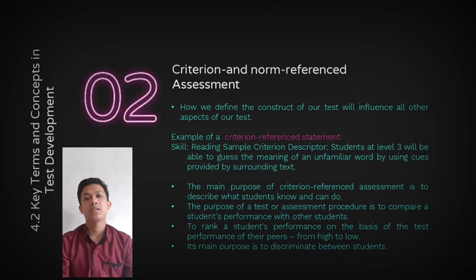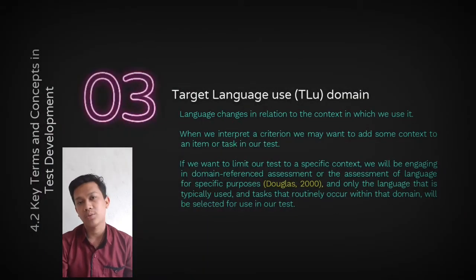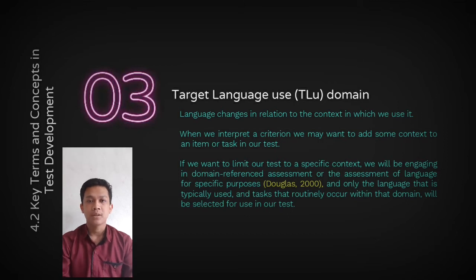Okay, moving on to the next slide, we have target language use, or TLU domain. So why is it important to use target language? It happens because language changes in relation to the context in which we use it.